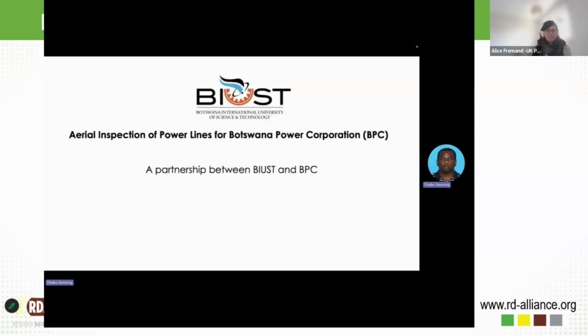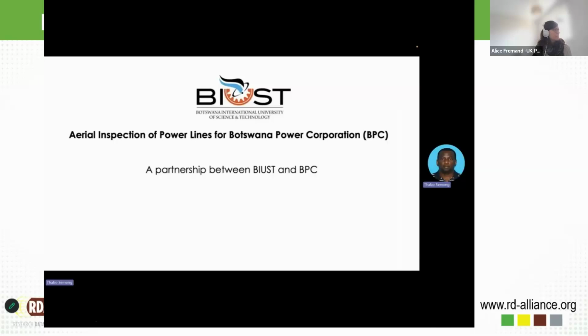By doing so, it becomes very easy to fail to identify the faults. Even after they have done those inspections, they will realize the power is gone, or there is a power cut due to a certain fault that they did not identify. So it's very difficult to identify those faults within their equipment.